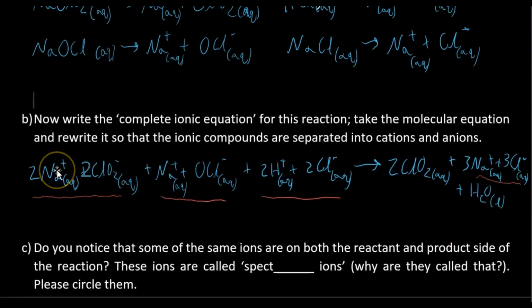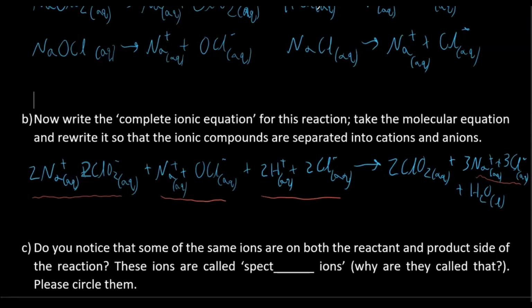So this sodium is not involved in the reaction, and this chloride here is not involved in the reaction either. That's because we have them on the reactant side and on the product side. They don't change form, they don't help create new molecules per se. They're just there hanging out in the solution, not part of the reaction.